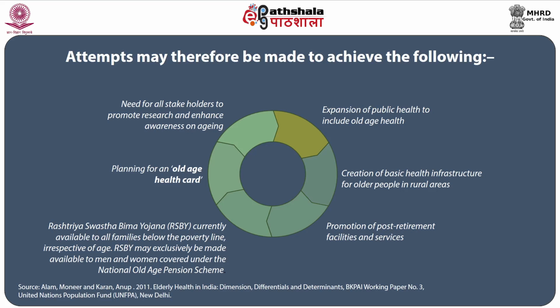As we all know, health infrastructure is very poor in rural areas and furthermore in remote and non-accessible areas. That is why one of the important challenges is how best we can create basic health infrastructure in those communities, so that the elderly and other vulnerable groups living in these areas can reach out and get access to health services.